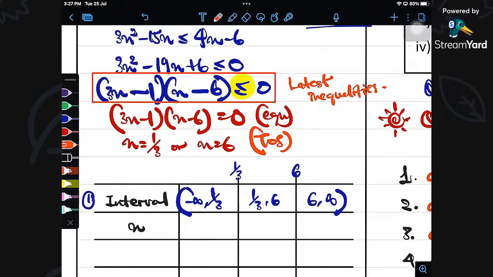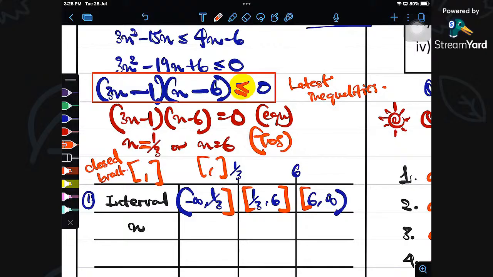So kalau ada less than or equal sign, dia bermaksud it is close bracket. Both numbers here will need you to use close bracket. So here untuk semua nombor 1/3 dan nombor 6, semuanya close bracket. Begini caranya. So you must double check whether you can use close or whether you can use open bracket.